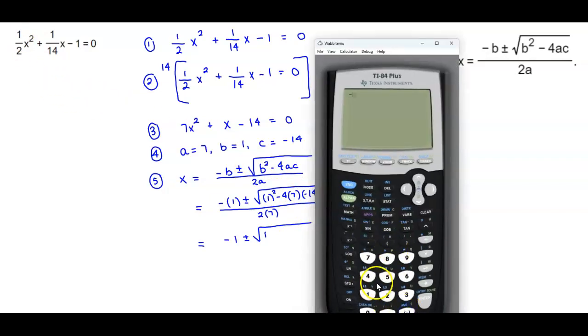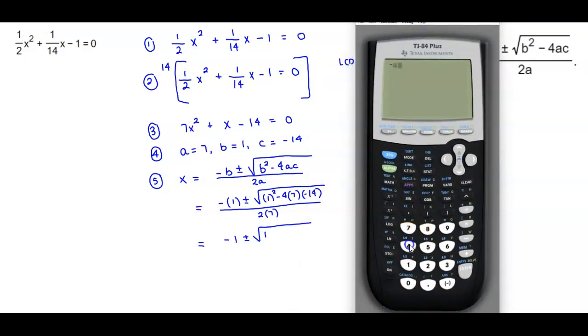So we have negative 4 times 7 times negative 14, and that gives us a positive 392, all over 2 times 7, which is 14. Next, we got negative 1 plus or minus 1 plus 392 is 393. We're going to divide that by 14.